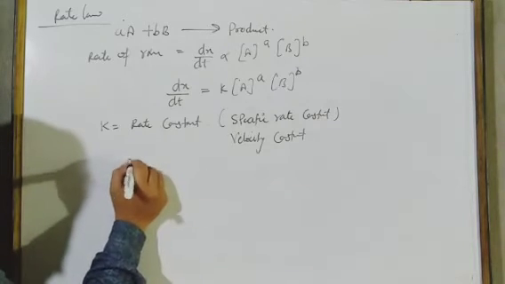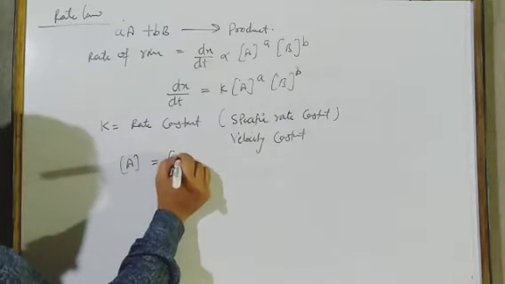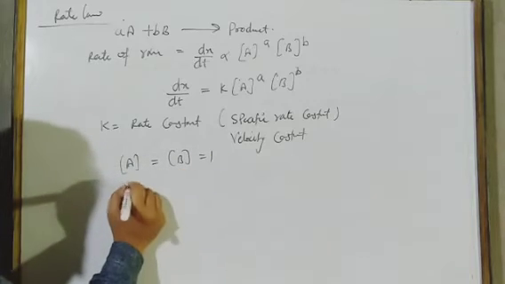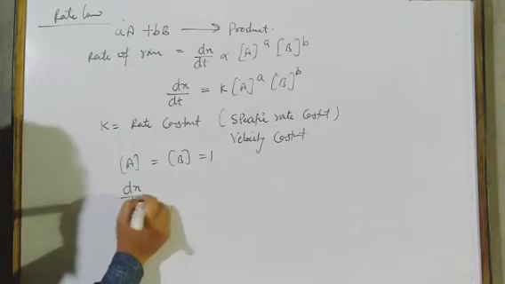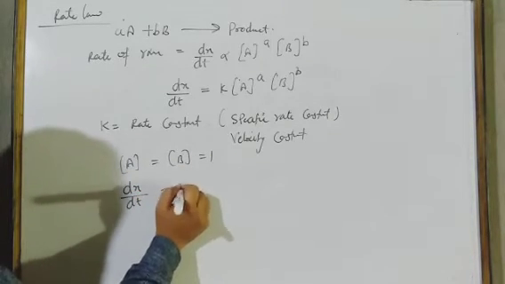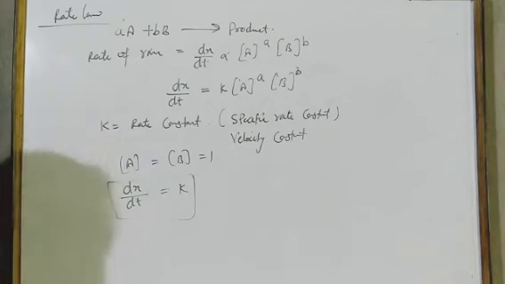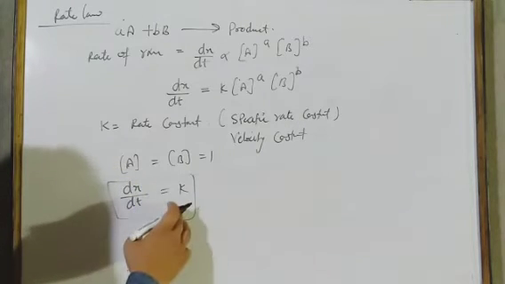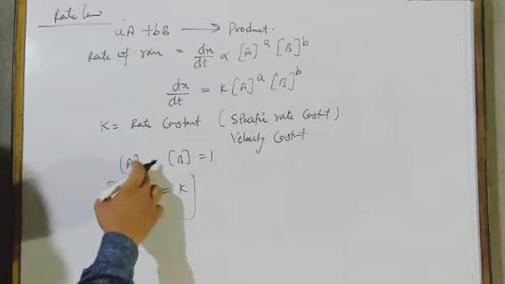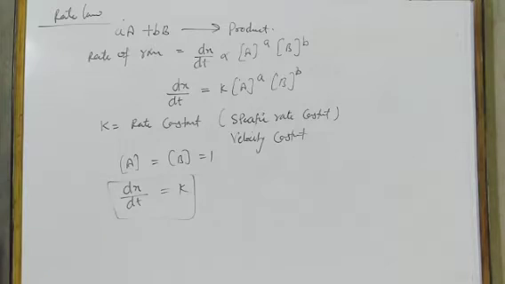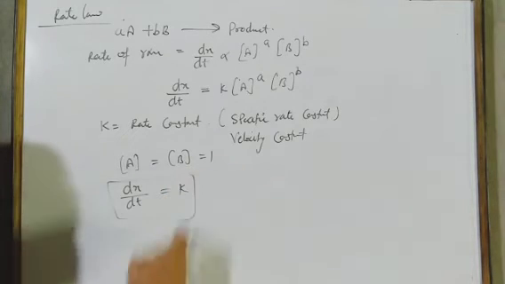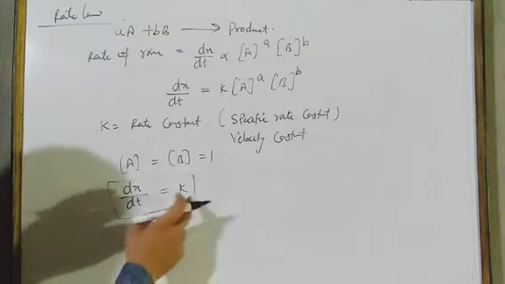If we take concentration of A equal to concentration of B equal to 1, then we will get the rate of reaction equal to the rate constant or specific rate constant. So the specific rate constant is equal to the rate of reaction when the concentration of the reactant is unity. If we take the concentration of reactant as unity, then the rate of reaction will equal the rate constant.